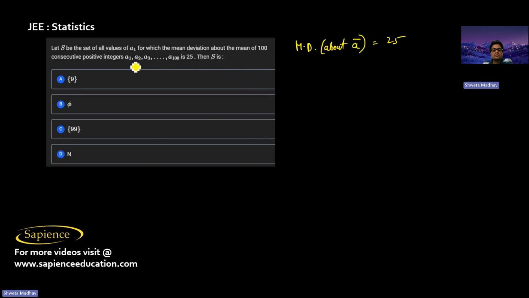That means we have to find the set of A1 values, for consecutive positive integers only.